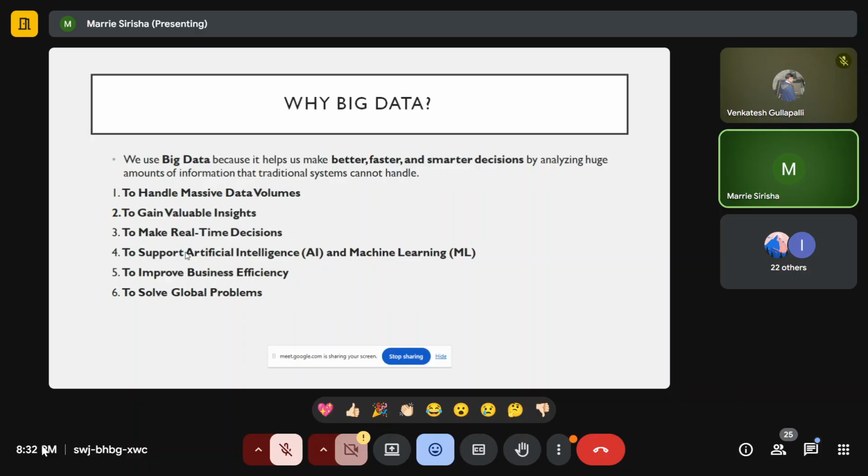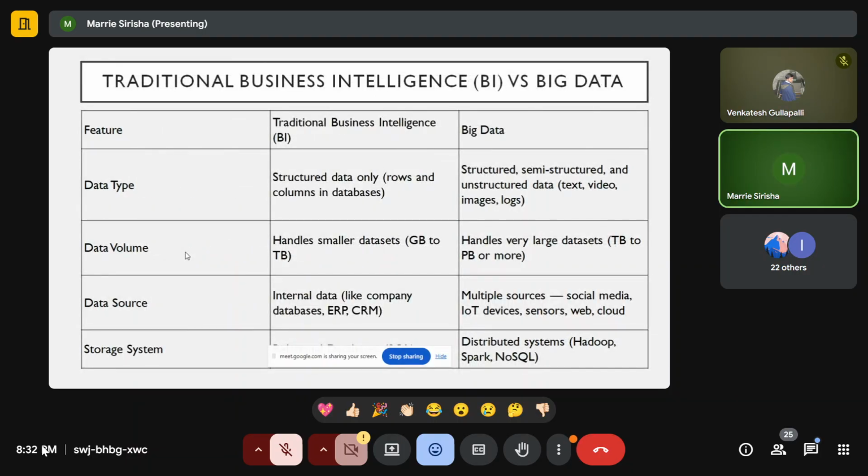Next. So traditional business intelligence and big data. So we are learning about and we are also differentiating what is traditional business intelligence and big data.